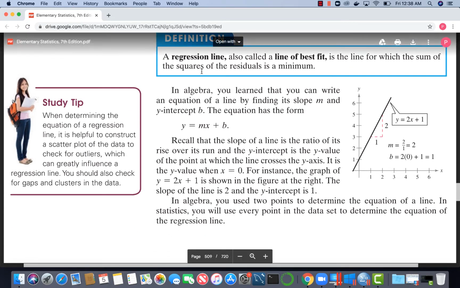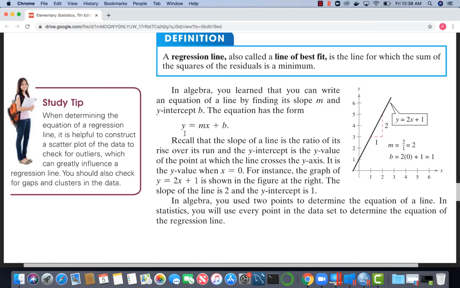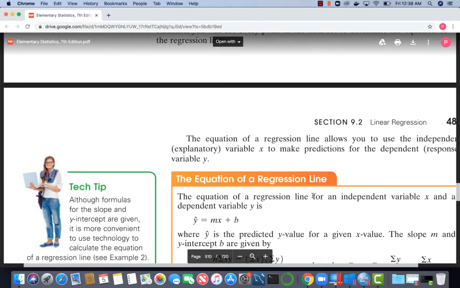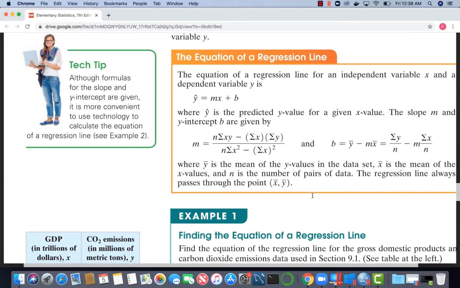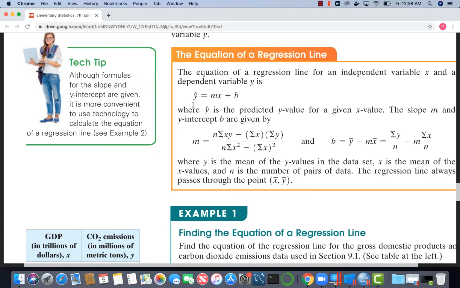It's called the regression line, line of best fit, or sometimes the least squares line as well. It will be in this form, where m is the slope of the line and b is the y-intercept. We generally call this line y hat. This is the formula for the slope. This is the formula for the y-intercept.